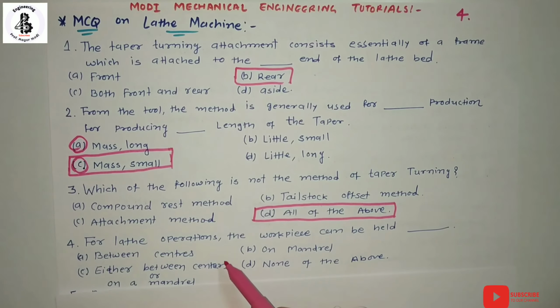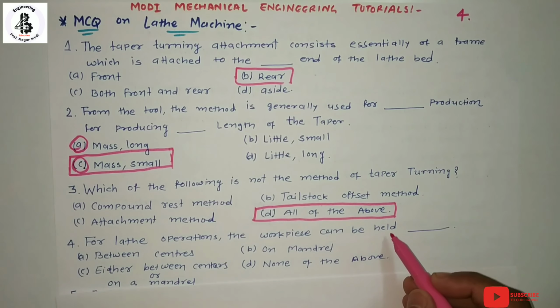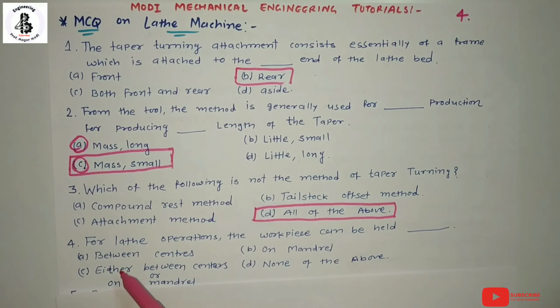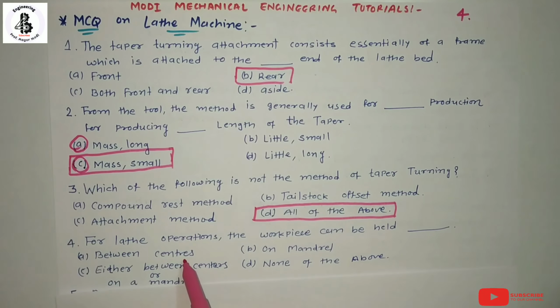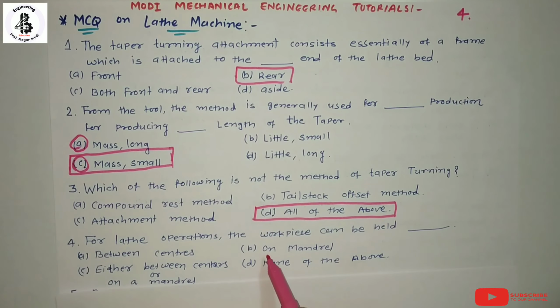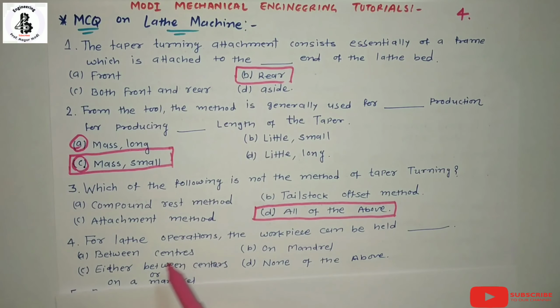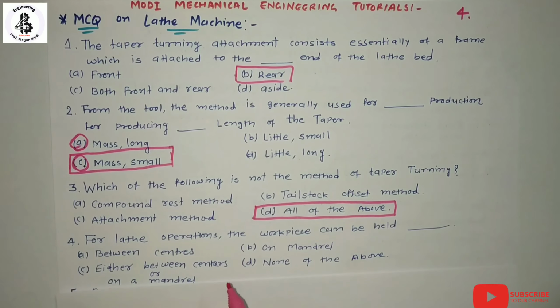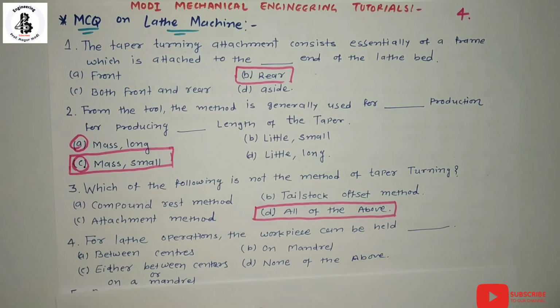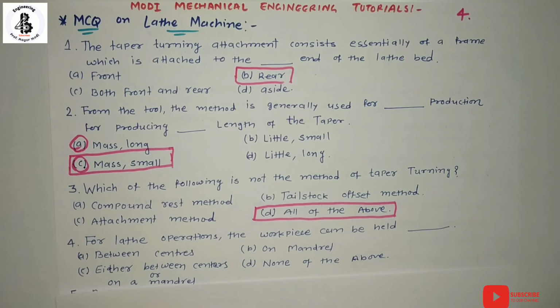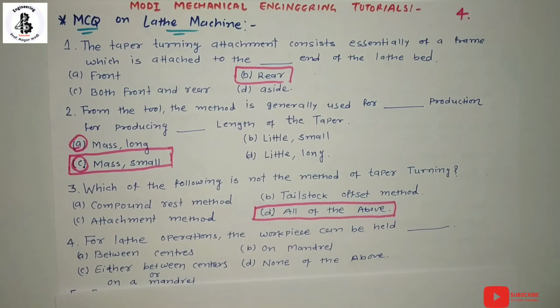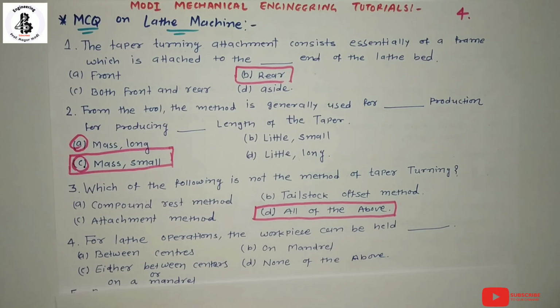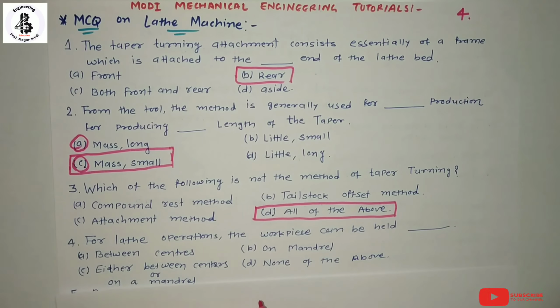For lathe operations, the workpiece can be held in option A, between centers; option B, on mandrel; option C, either between centers or mandrel; and D, none of the above. In lathe operations, a workpiece can be held between the centers if it is a large job. If it is a hollow kind of workpiece, it is held on the mandrel.